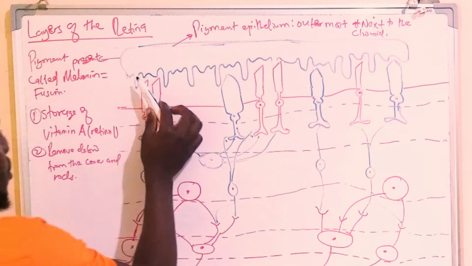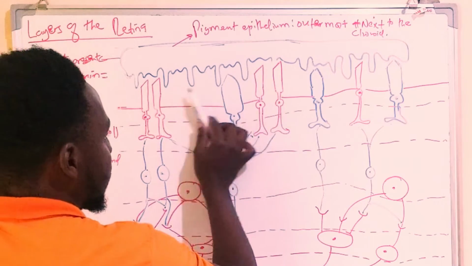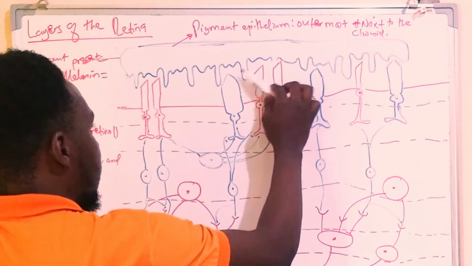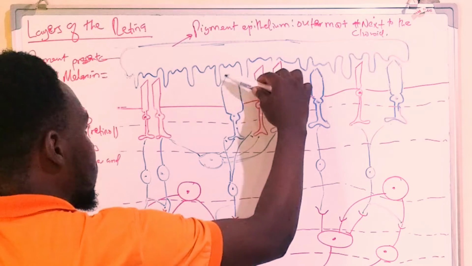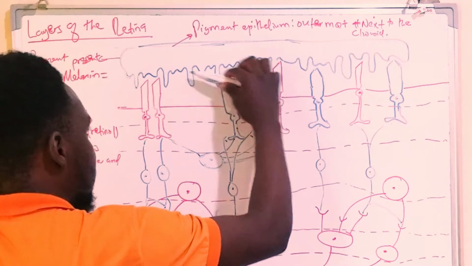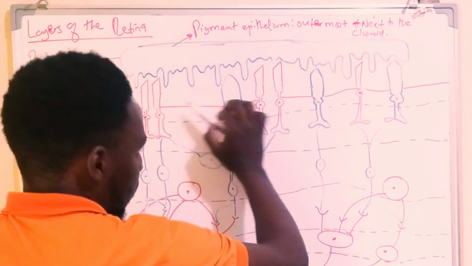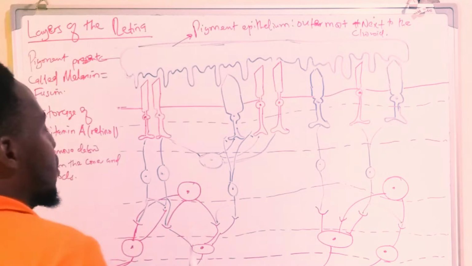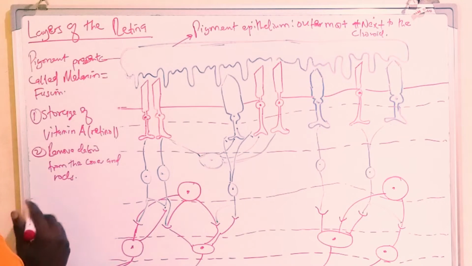So if these cells, the photoreceptors that you are seeing here, start wearing out, these will phagocytize the debris, the worn out parts of the photoreceptors, and remove them. So that's a function that they have as well.